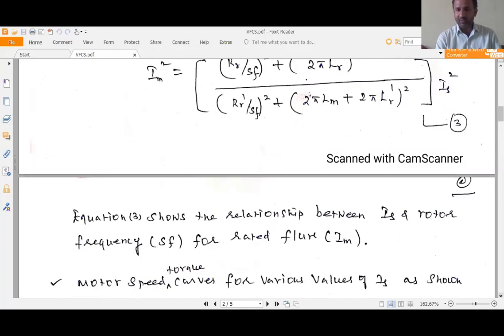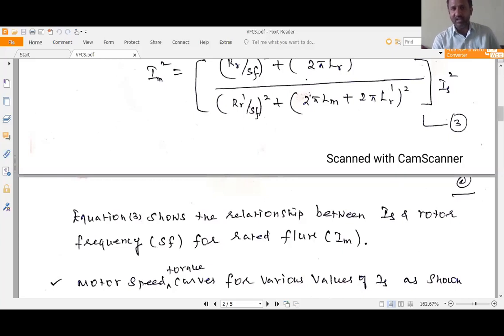And how can the speed of the induction motor be controlled here? The speed of the induction motor can be controlled by varying the frequency and the value of this Is. By varying this Is value, we can control the speed of the induction motor using a variable frequency and current source, by varying the frequency and current.